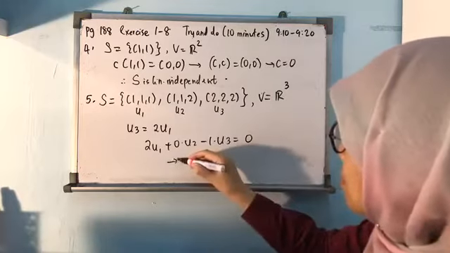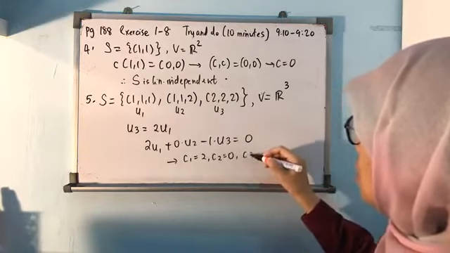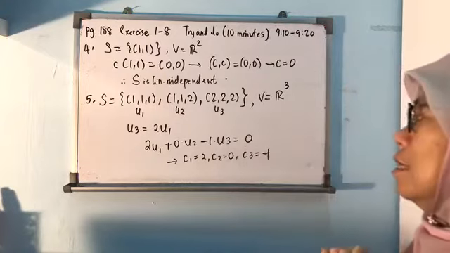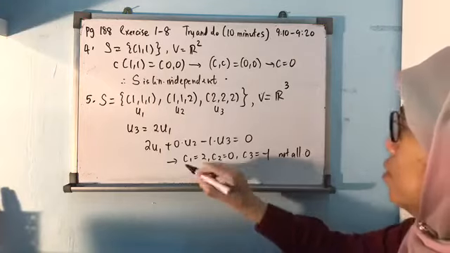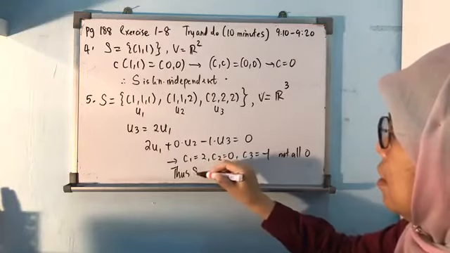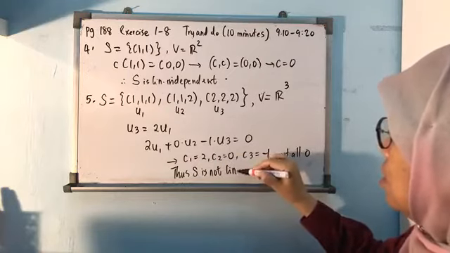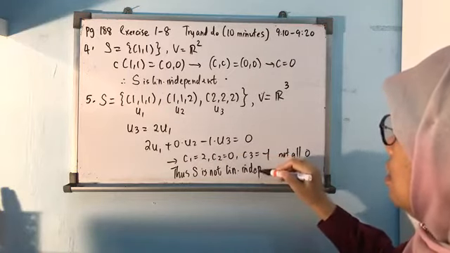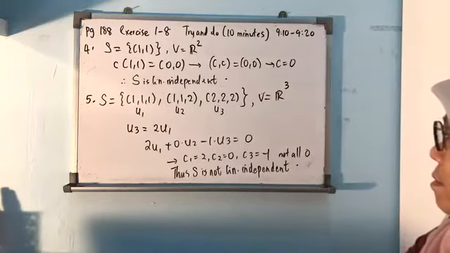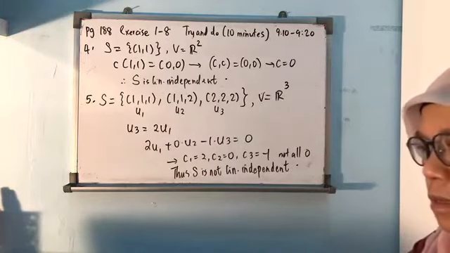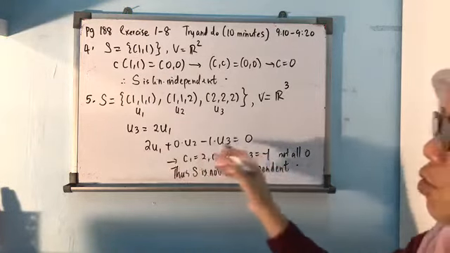So C1 is 2, C2 is 0, C3 is negative 1. Not all 0. Thus, S is linearly dependent, which is not linearly independent. It is a shortcut, but this is okay because this is what you want to show.